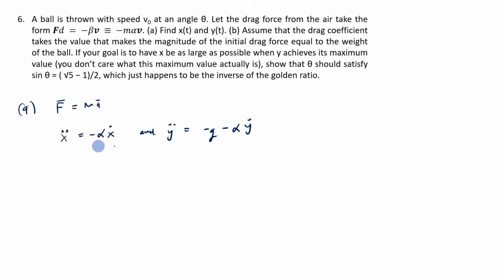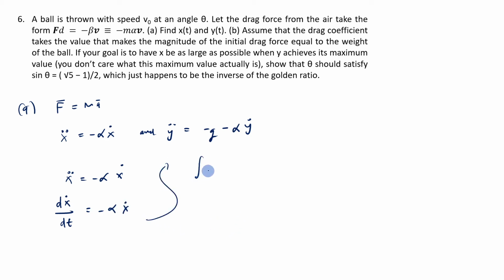This is the acceleration in the x direction and y direction. Using the initial speed, the x equation integrates to... x double dot is minus alpha x dot, and we can write x double dot as dx dot over dt equals minus alpha x dot.